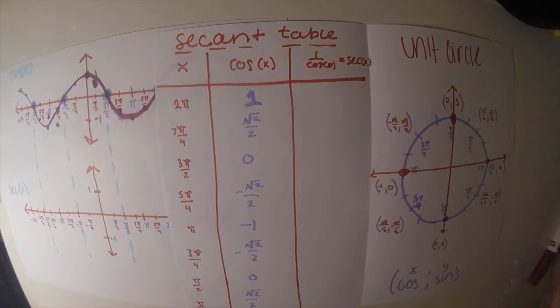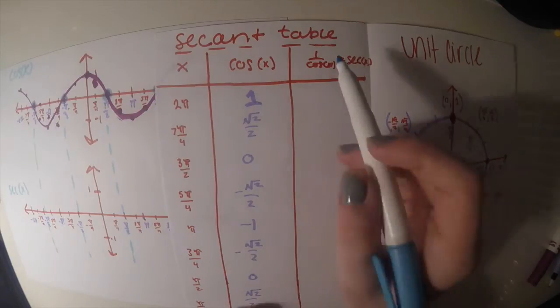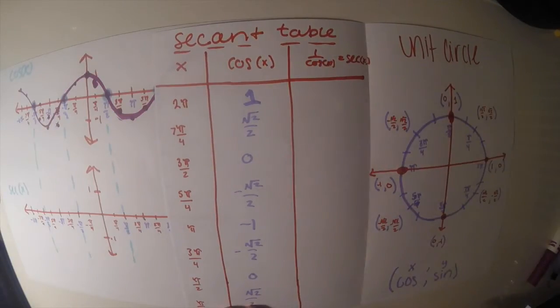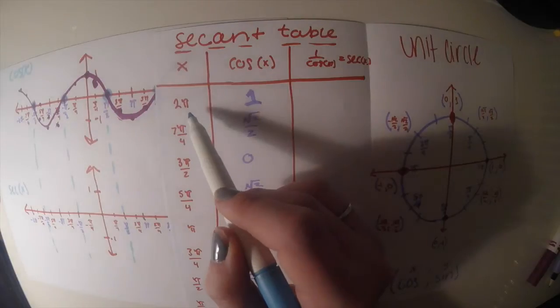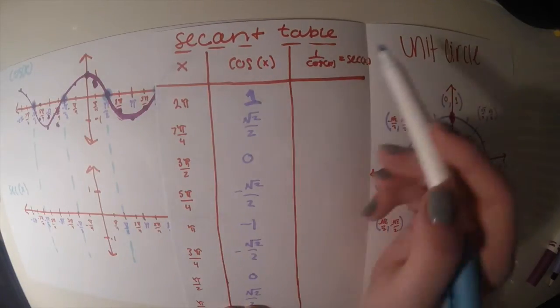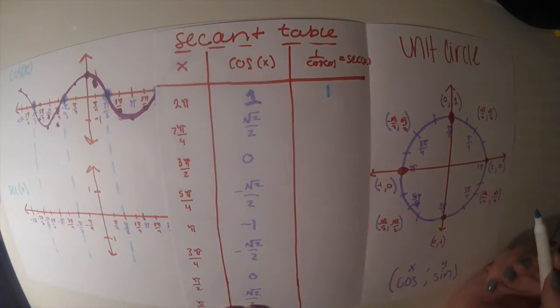Now you're going to be doing the secant section. So 1 over cosine of x when it's 2 pi, so it's going to be 1 over 1, that means it equals 1.